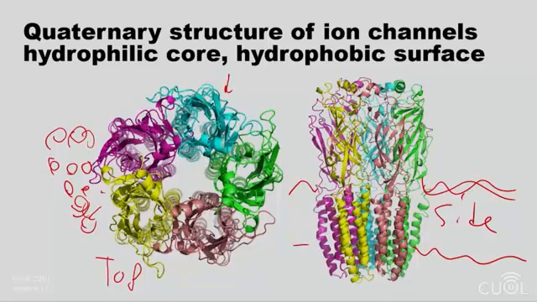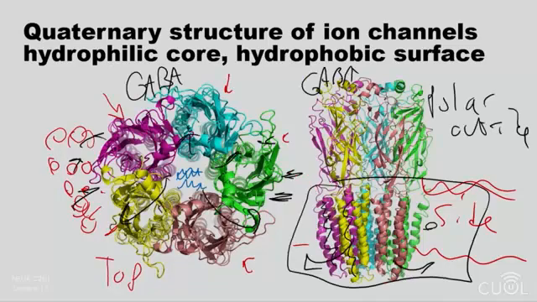So different tertiary structures, 5 different subunits that come together, have that hydrophilic core that allows water to pass through, and then the hydrophobic surface. These 5 subunits come together to make this quaternary structure. And it is still based on the same principles of unfolding, doing a job, and then refolding, going from its native rest conformation of closed to open and allowing chloride to come through.